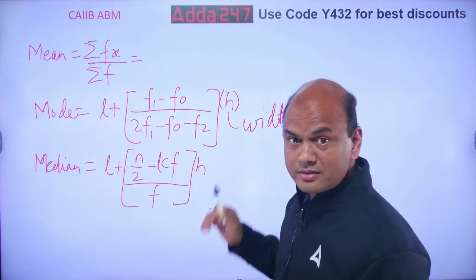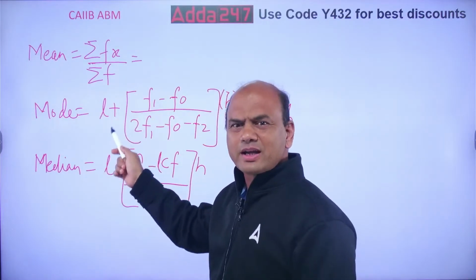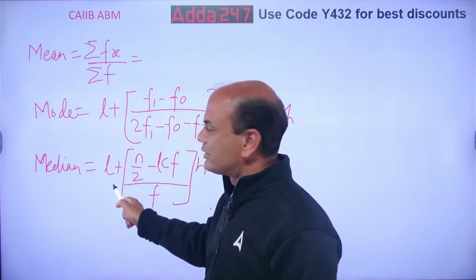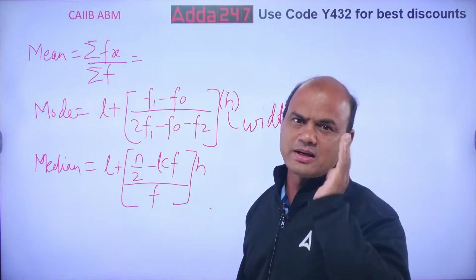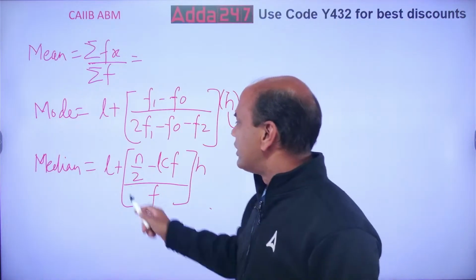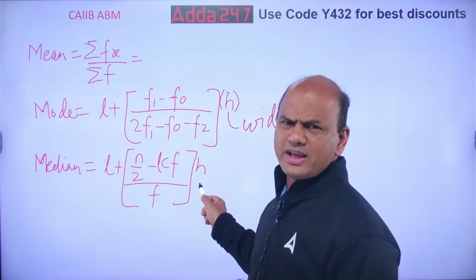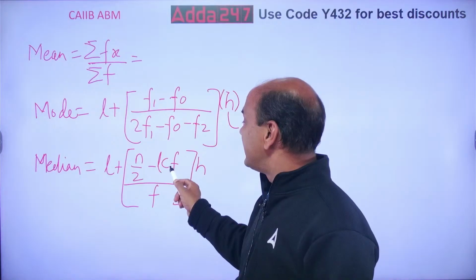Now, median. L plus, they write it L1, you can write L1. It hardly matters. You must understand the concept. So, L plus, now look at this. Again, width, H or W, into N upon 2 minus LCF.